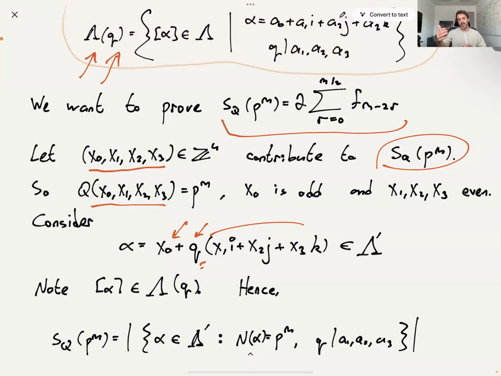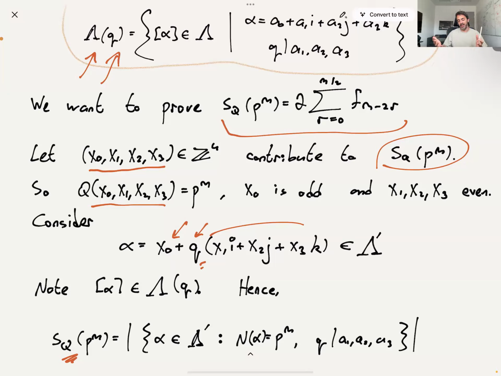And again, as before, this is actually reversible. So if you have any quaternion where x0 is odd and the remaining are even, it has a norm which is a power of P, and its class sits in lambda Q. So what we just did was to show that every solution that contributes to SQ of P to the M gives you a quaternion alpha in lambda prime, whose norm is P to the M, and Q divides all the non-free coefficients.